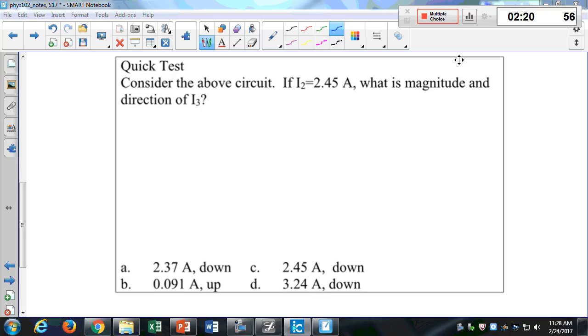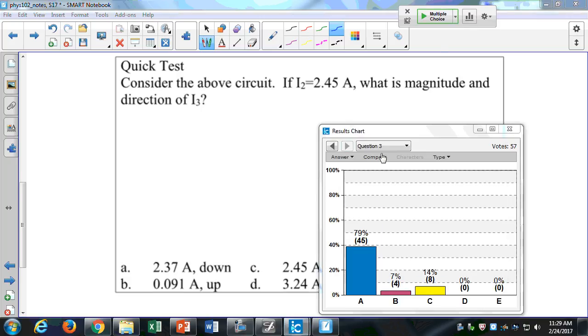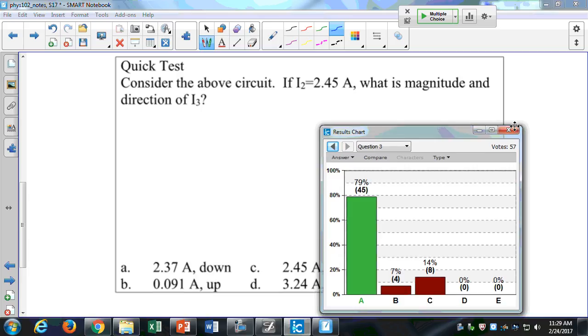All right, let's stop at 235. Very good. A is right.